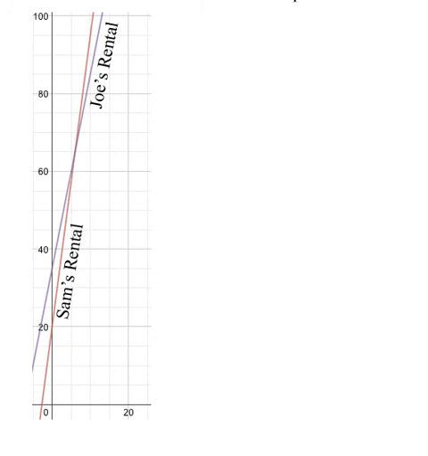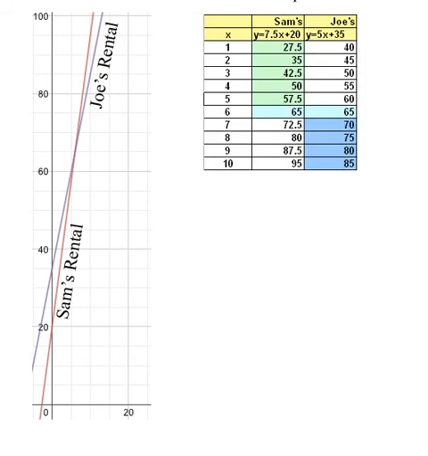If you would like more information on that, we can also take a look at it as a table. If x represents the number of hours here, here's the equation for Sam's rental, here's Joe's rental. And clearly I've tried to highlight them in different colors here. $27.50 is less than $40 for the first hour, so Sam's would be cheaper.